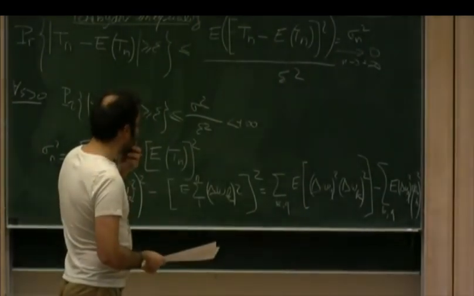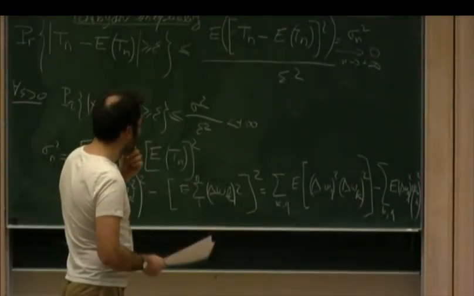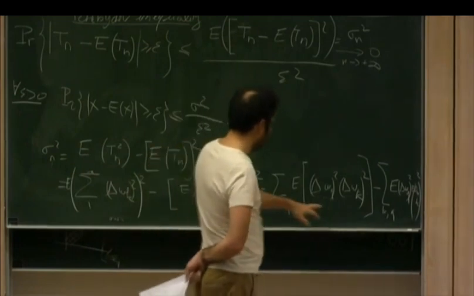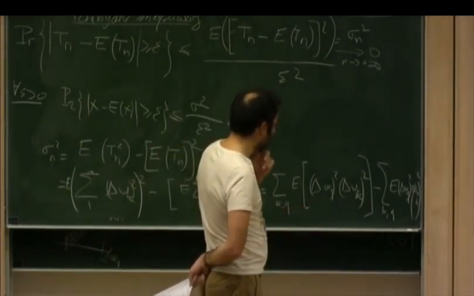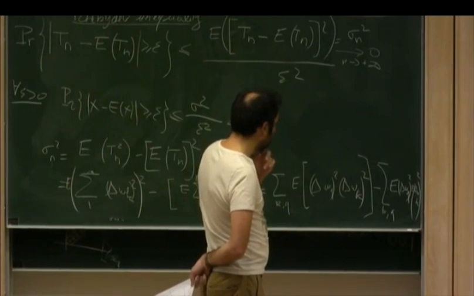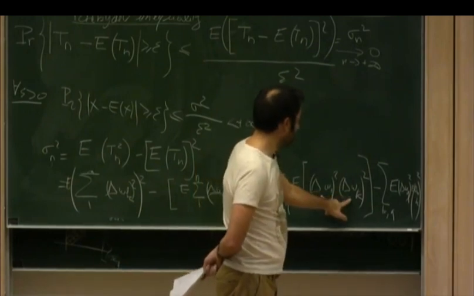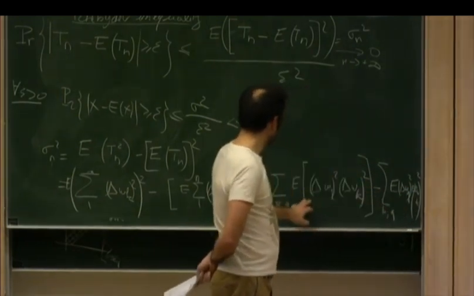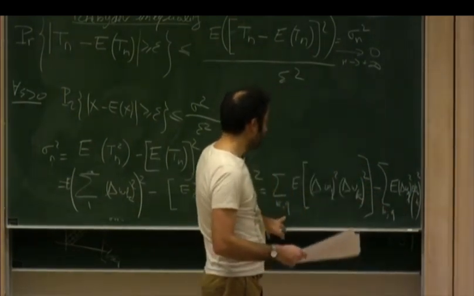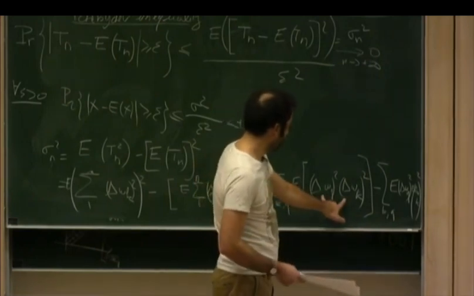So for example, what happens when k equals q? Now what happens when k is not equal to q? Those are independent, so this should cancel out. So we are just left with what happens for k equals q.